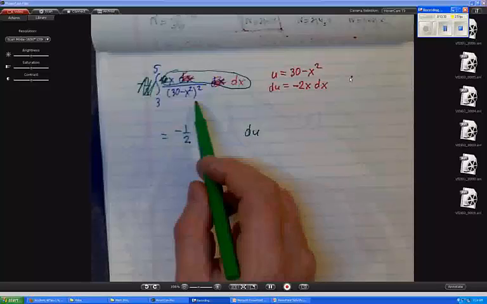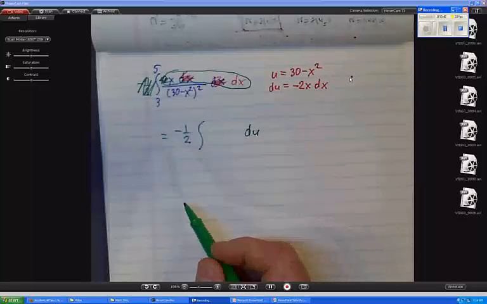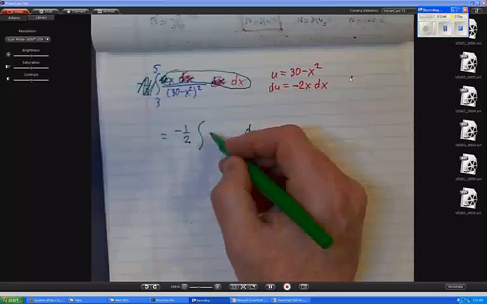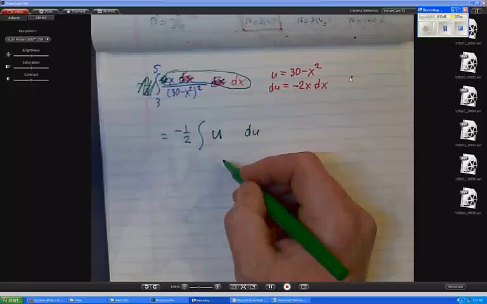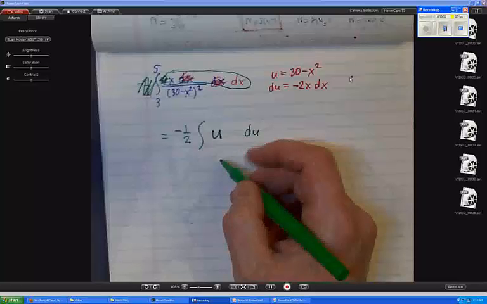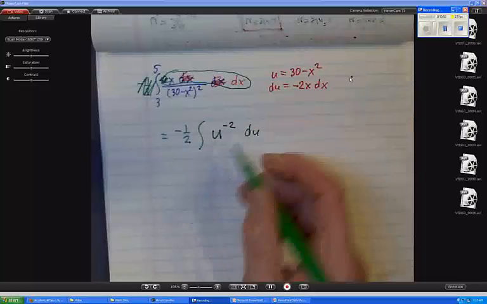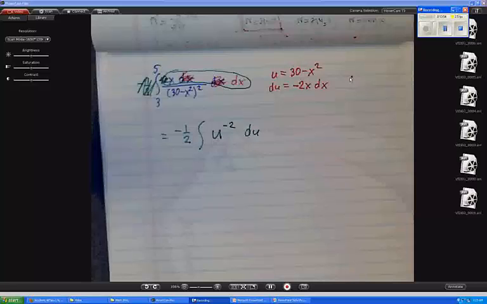This is u to what power? Yes, in the denominator. So to speed things up, I'll write it as u to the negative 2 du. Is that okay? Fast. That's because I'm almost out of time. Negative 1/2. Oh, and what did I not do?